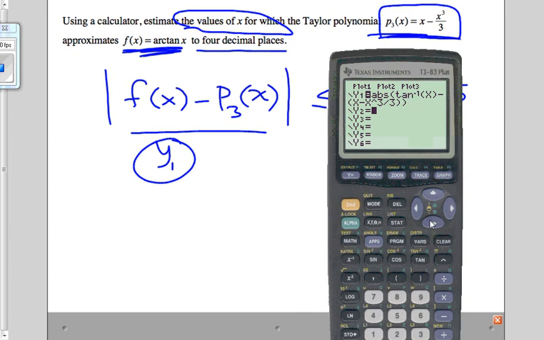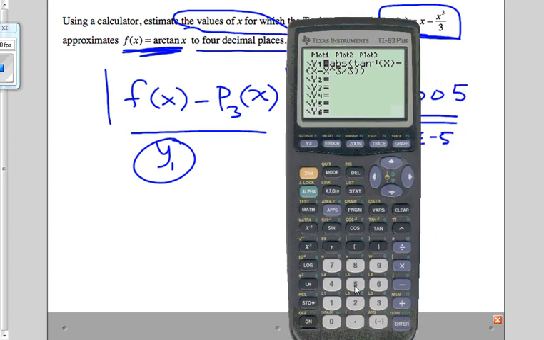And we want to know for what values of x that remainder will be less than 5 e negative 5. So we're going to have to be very careful about our window here to find this intersection.